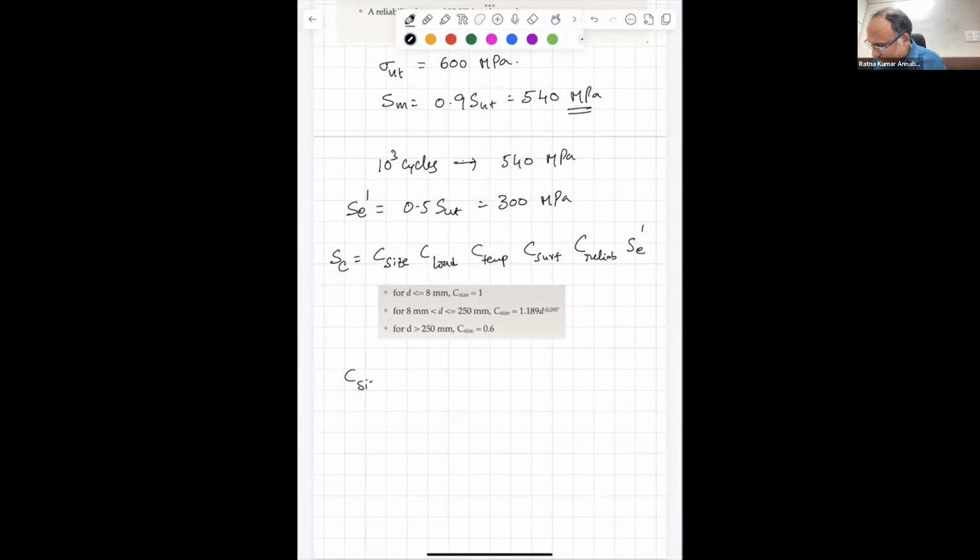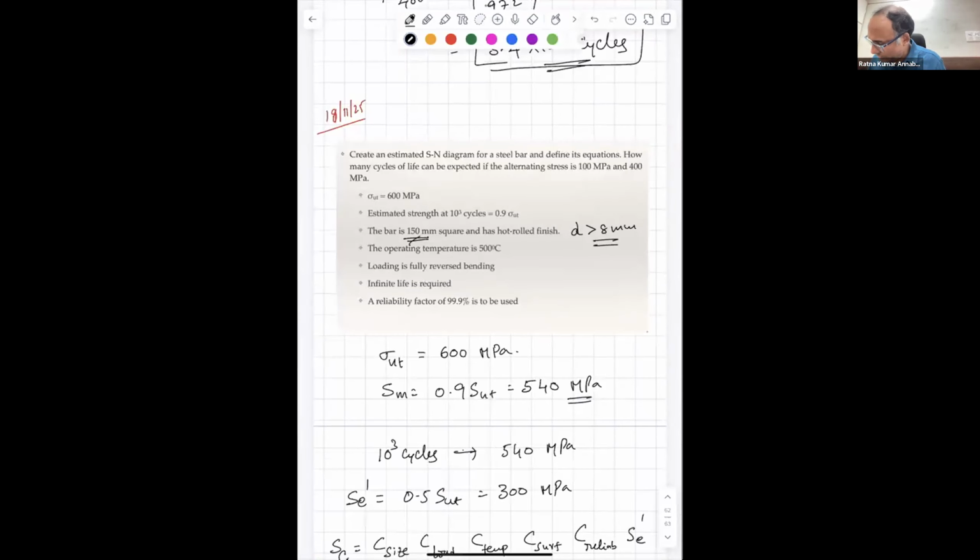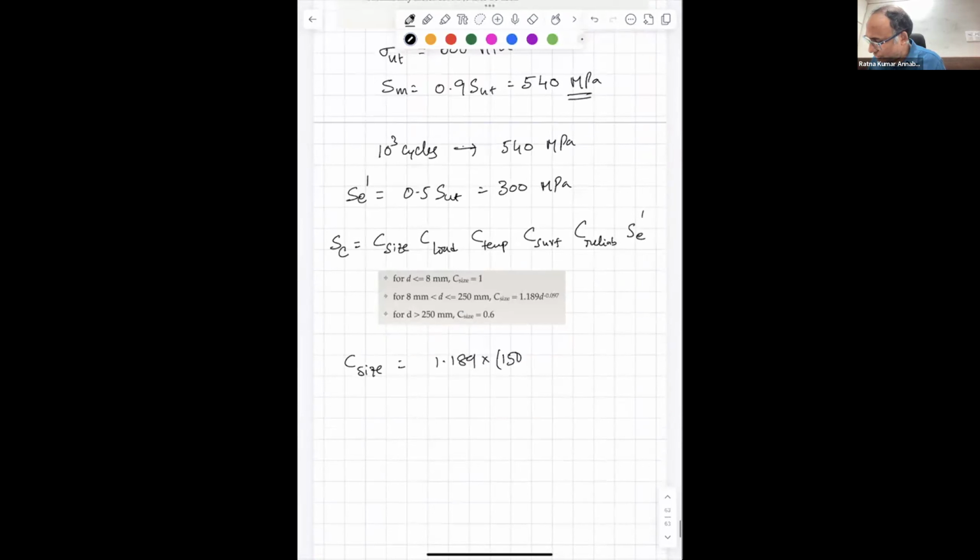Now I can calculate C size is equal to 1.189 into 150 mm, right? D is 150. You should not convert this into meters because this is written in mm, so directly it should go. This is an empirical relation, so they may not have any meaning with respect to units.